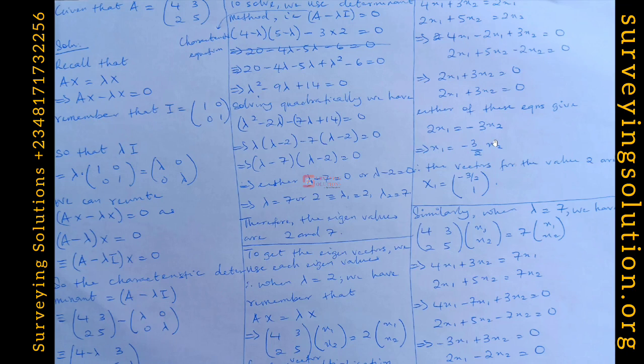Everything is very simple. So when we have done that, the vector for the value 2 is now minus 3 over 2 and 1. Now, how did we arrive at this minus 3 over 2 and 1? It simply means that for each of the values we have two vectors, right? Good. Now for the value 2, the two vectors are minus 3 over 2 and 1.